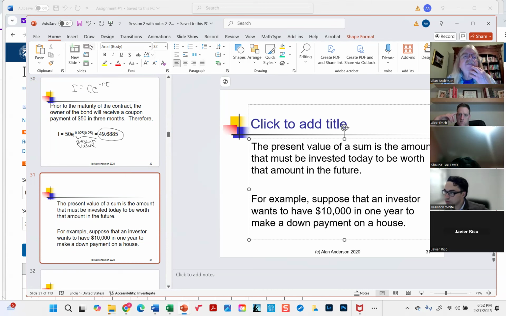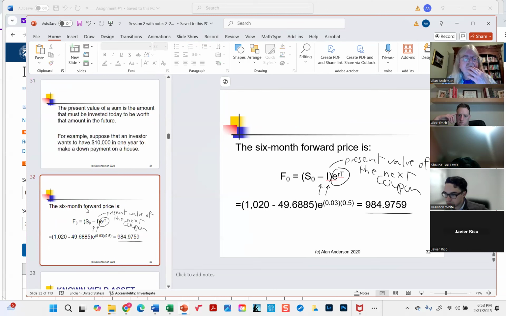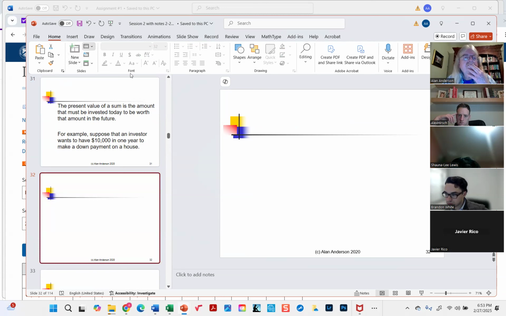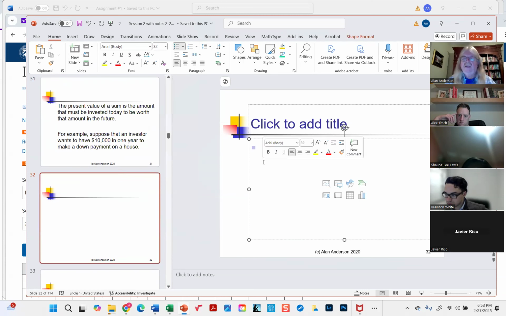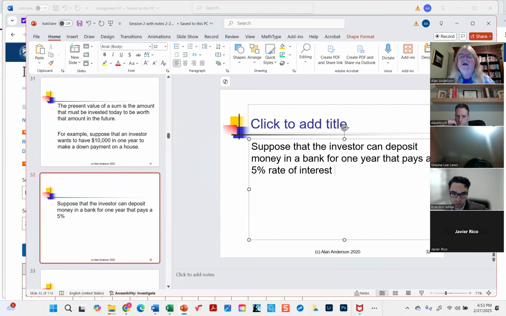All right, fine. So let's just say that he can put the money in the bank today. Suppose that the investor can deposit money in a bank for 1 year that pays a 5% rate of interest on a continuously compounded basis.